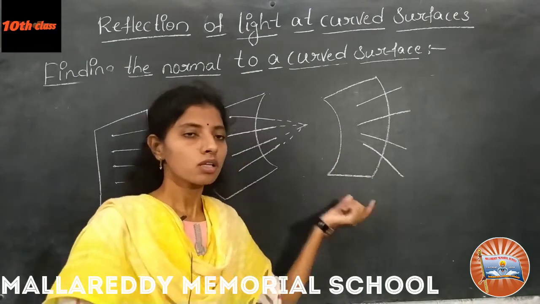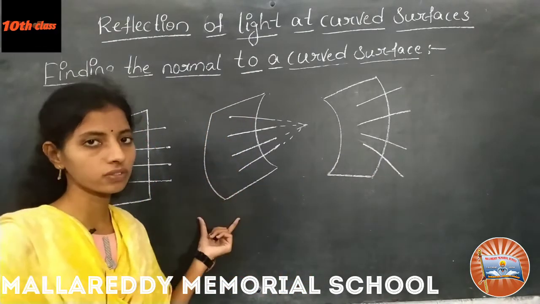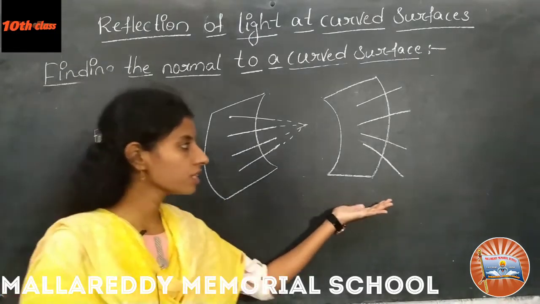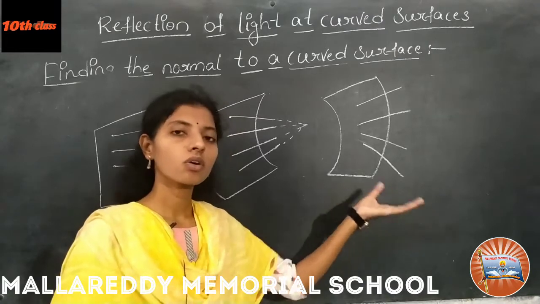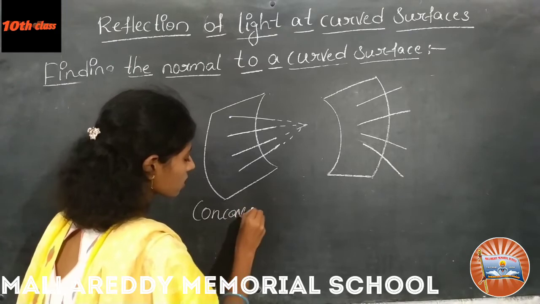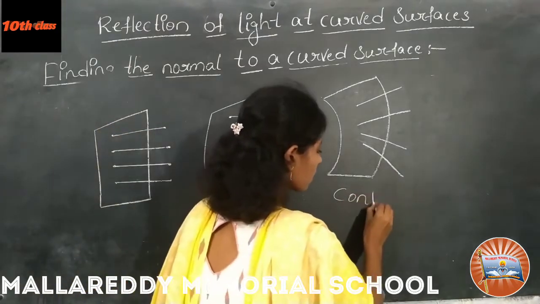So the converging type of mirror is known as a concave mirror, and the diverging type of mirror is known as a convex mirror. So this is a concave and this is a convex.